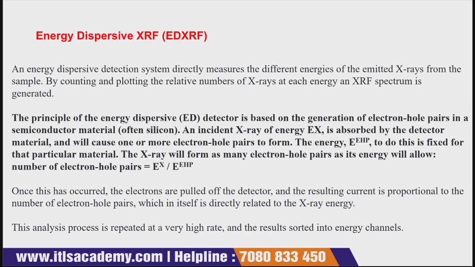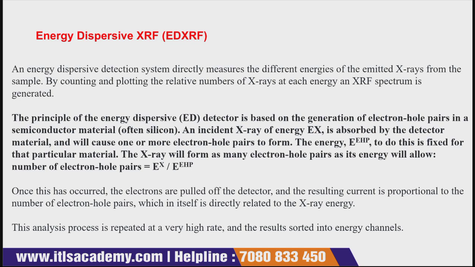The principle of the energy dispersive, that is ED, detector is based on the generation of electron hole pairs in a semiconductor material, often silicon. The incident ray of energy EX is absorbed by the detector material and will cause one or more electron hole pairs to form. The energy EHP needed to do this is fixed for the particular material.